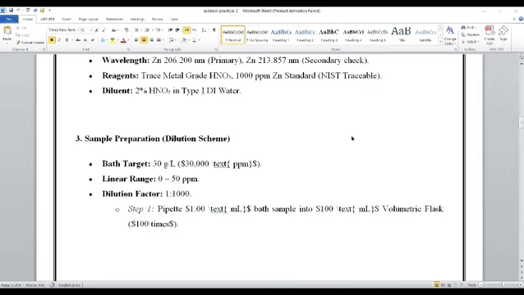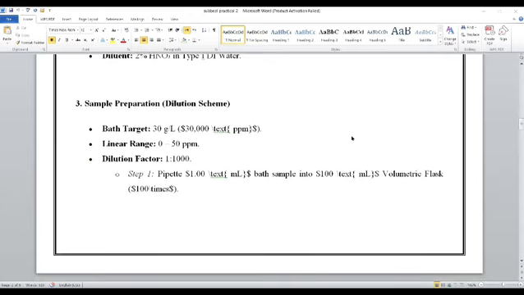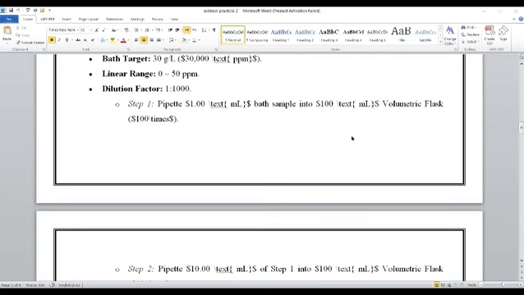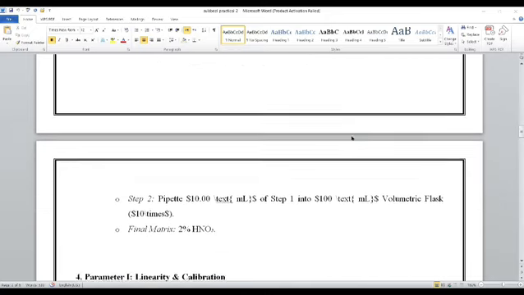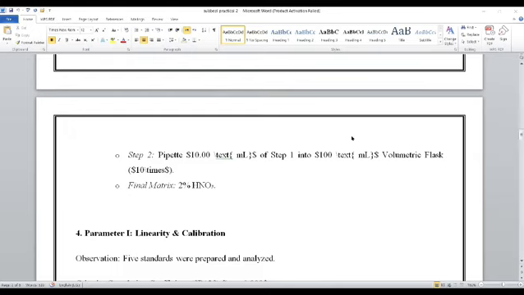Parameter number one, that is linearity. Linearity checks whether the instrument responds proportionally to concentration. Calibration range 0 to 50 ppm zinc, 5 calibration standards plus a blank. Results: correlation coefficient is equal to 0.99996, slope is equal to 10480 counts per ppm, and intercept is equal to 210 counts.